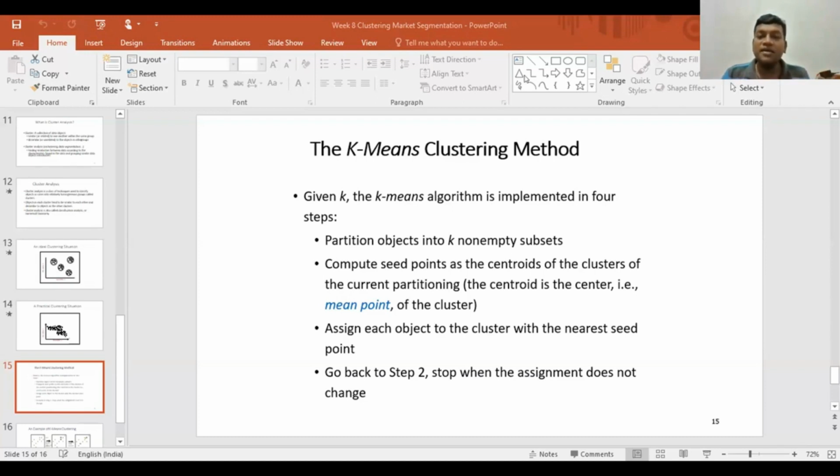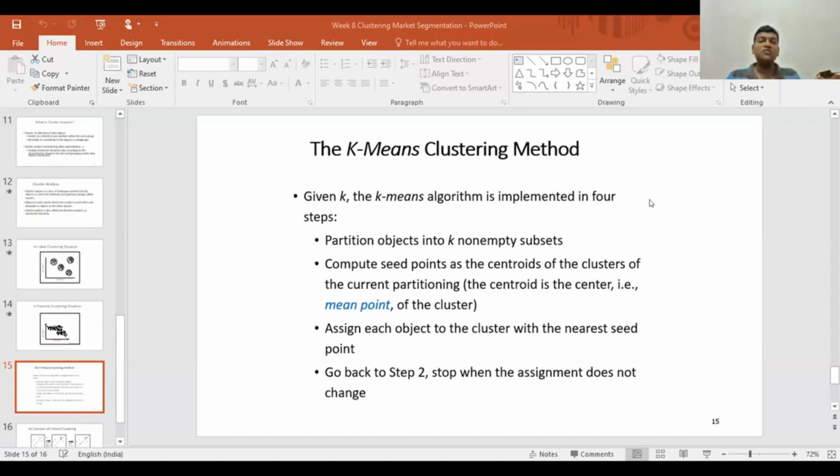So basically, k-means clustering means you would divide your data into k non-empty subsets, say 2 non-empty subsets if it's 2 clusters. Okay, so that assignment is random.